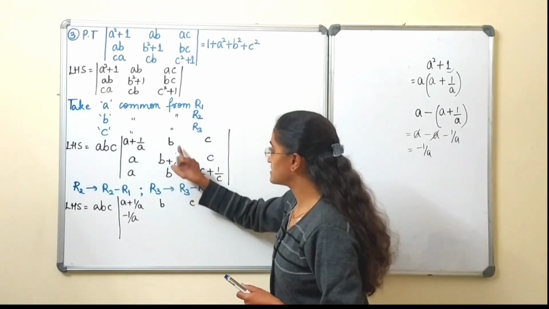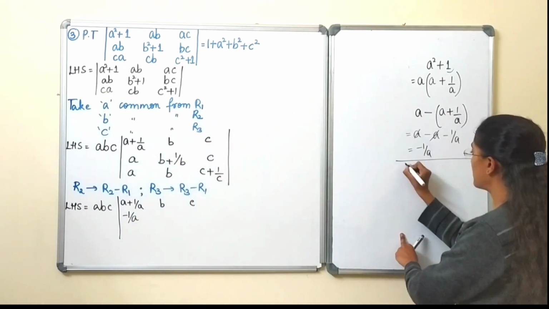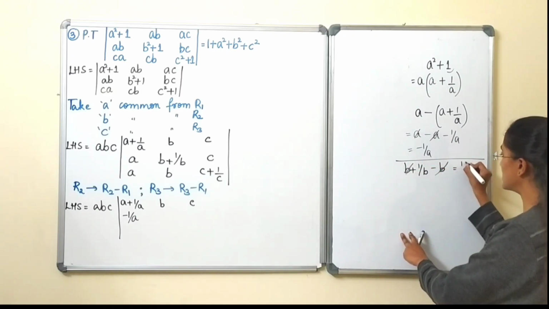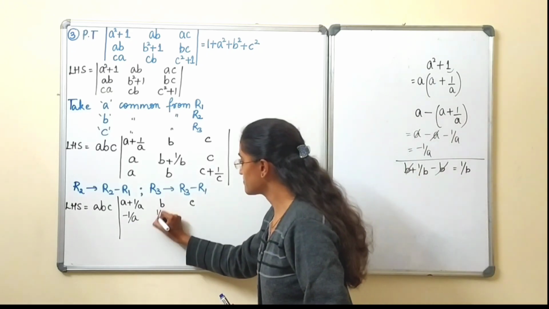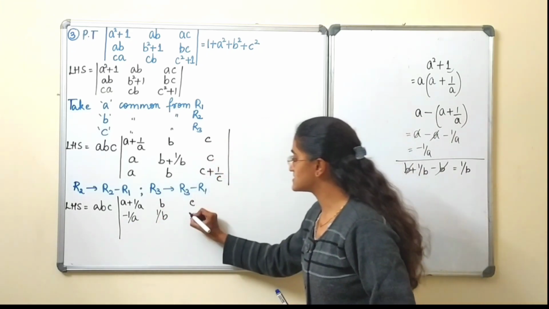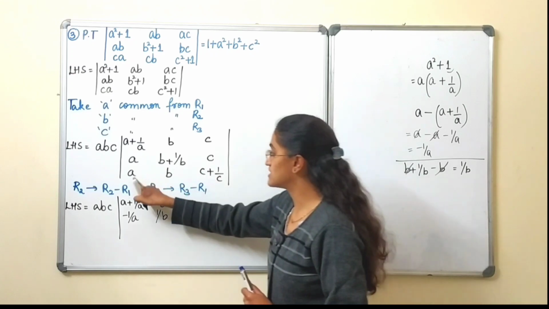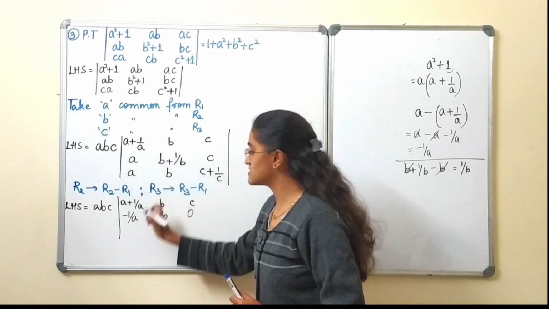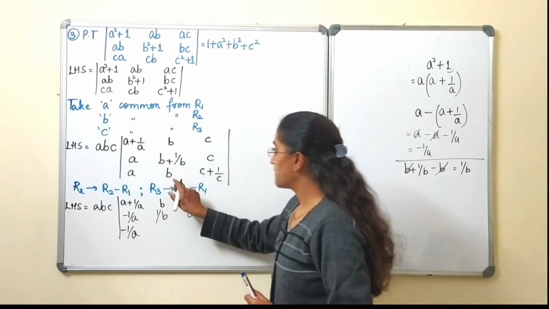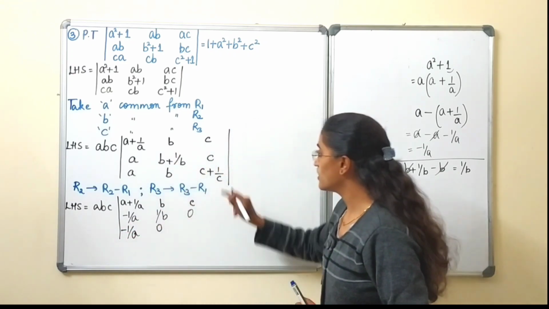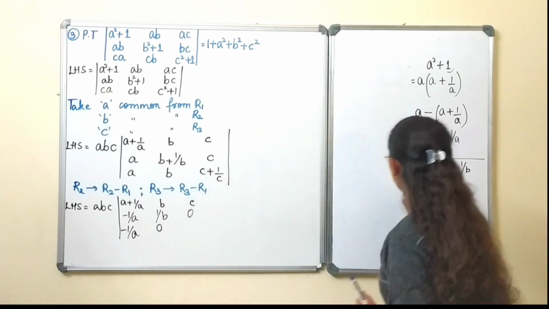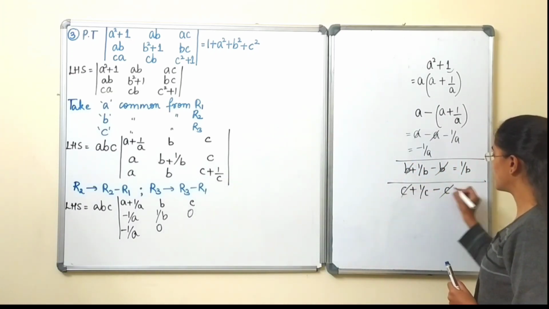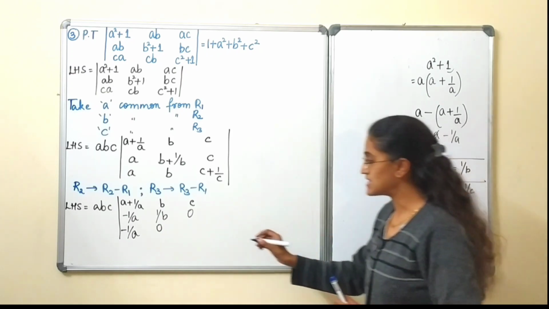Now subtracting these two elements, B plus 1 by B minus B, we get the answer as 1 by B. Here C minus C leads to 0. Now for R3 minus R1, A minus, again this term, we get minus 1 by A, B minus B 0, and this term C plus 1 by C minus C, which gives us 1 by C.